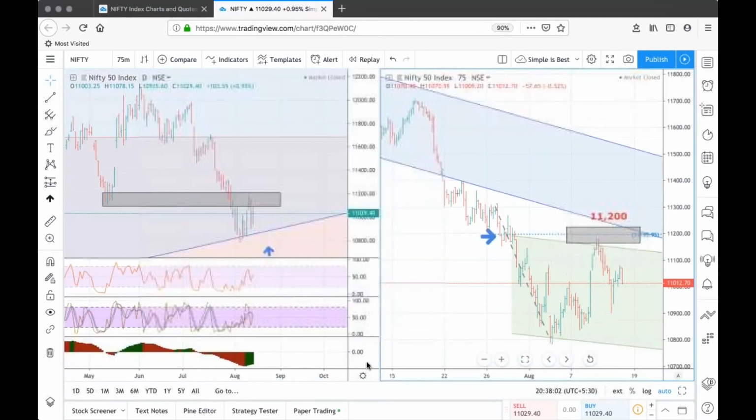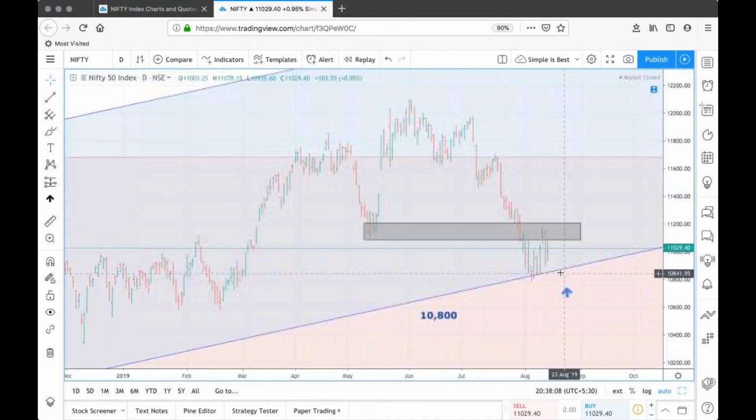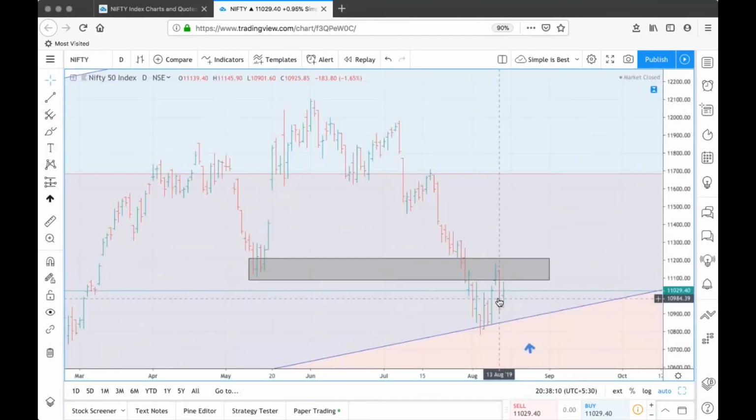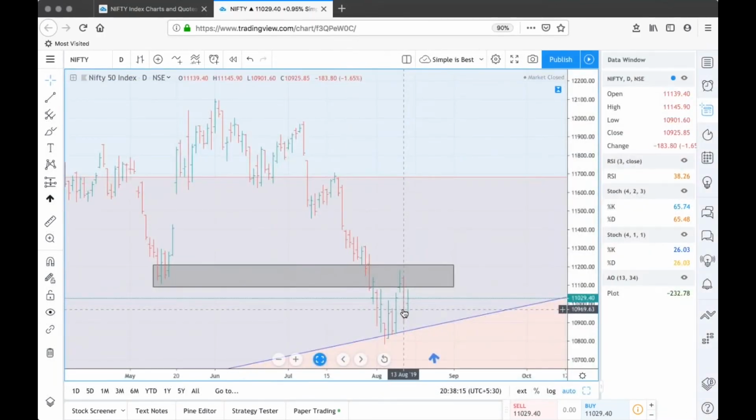Looking at the fall, if I look at the daily chart, the kind of fall that we saw one day back, this sharp red fall on the 13th of August, then an inside bar on the 14th of August.